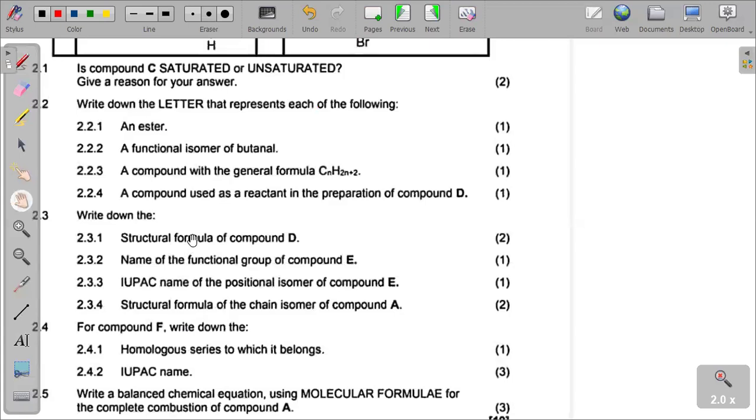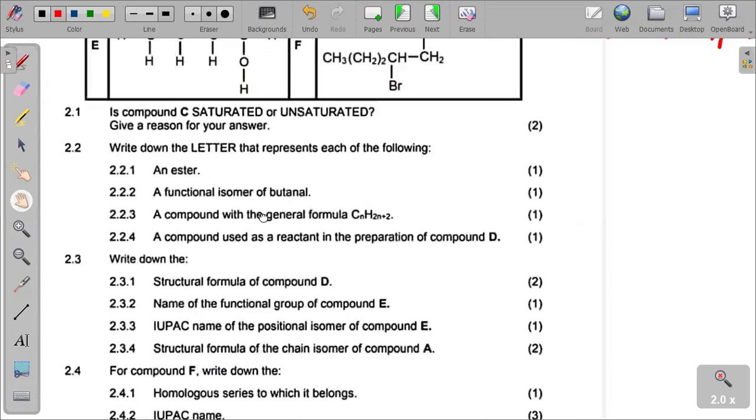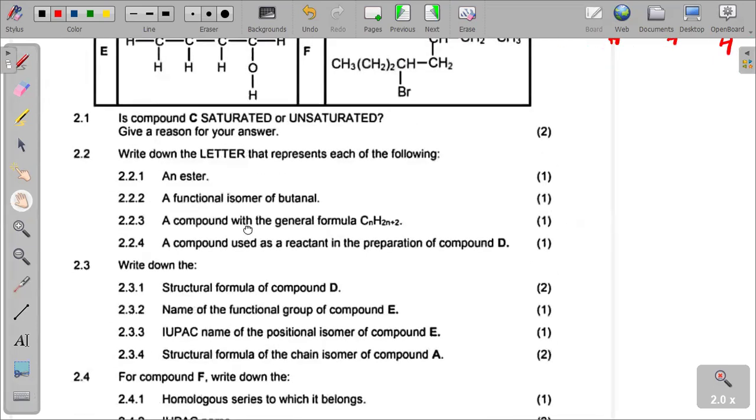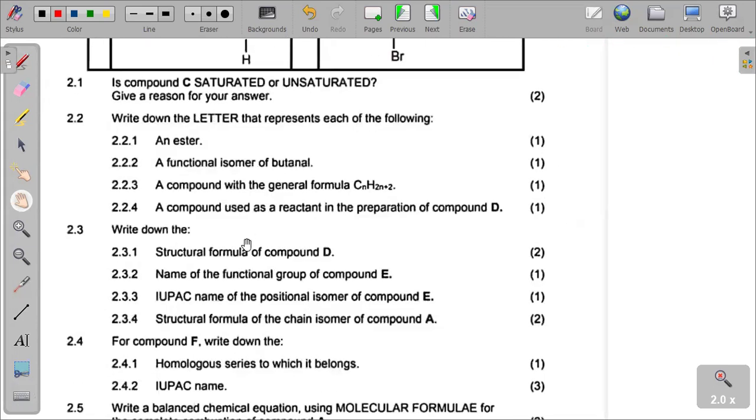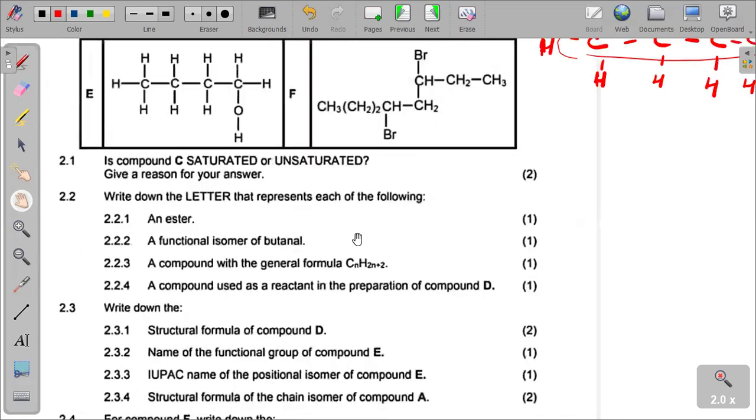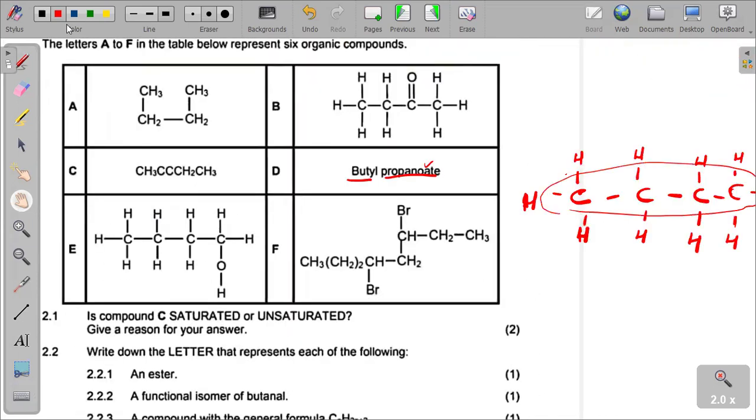The next question is now saying 2.3.2. This compound E, that's an alcohol. To which functional group do alcohols belong? They belong to the hydroxyl group. So that's the hydroxyl. 2.3.3. The IUPAC name of the positional isomer of compound E. We are saying it is our functional group that must actually change its position.